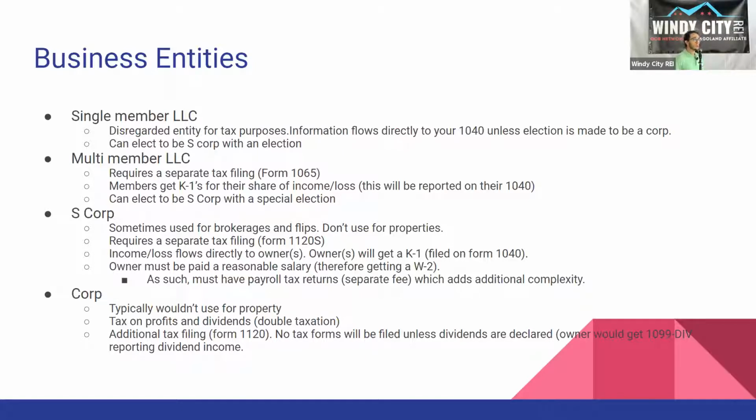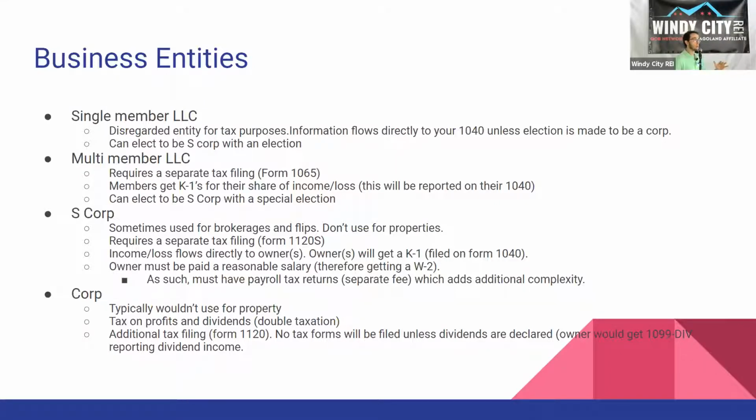The multi-member LLC has a separate tax filing requirement. It's the form 1065. Members get their K1s, which is their share of income or loss, and those K1s then get reported on your 1040. So if you're an investor in a real estate partnership, just wait until that comes through. You may have to extend your returns a little bit, but it's better to extend than to amend.